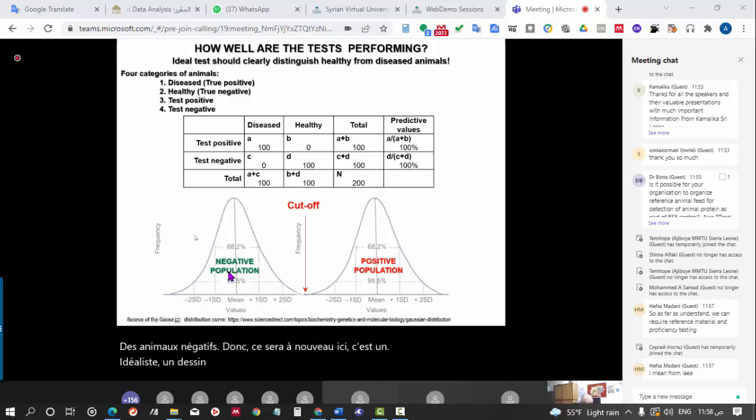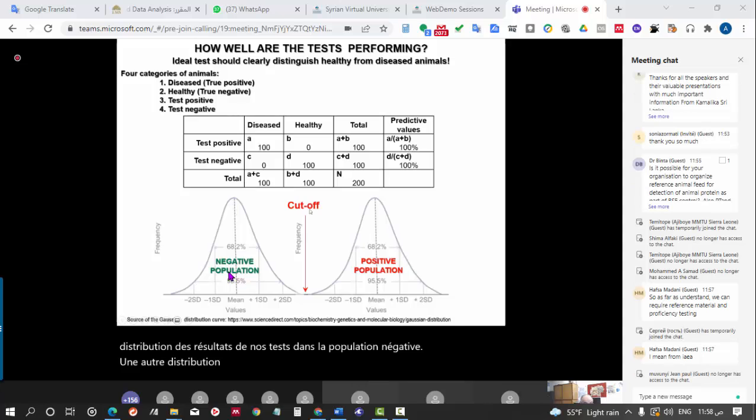It will never look like this in practice. But to make things clearer, we have one distribution of the test results in the negative population, another distribution in the positive population, and we have the cutoff in the position where the two Gaussian curves do not touch each other.